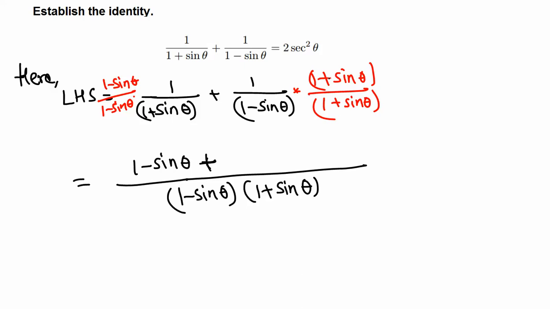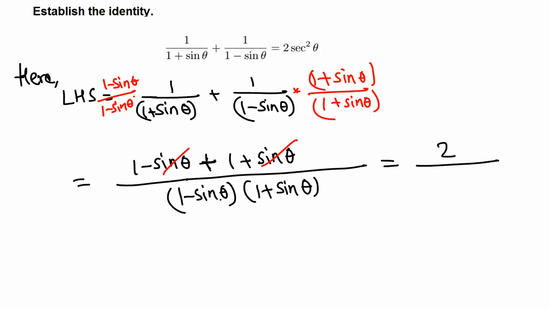So 1 times 1 plus sine theta is just 1 plus sine theta. And whenever we combine two fractions we simplify the top first, negative sign and plus sign cancel, and that leaves 1 plus 1, it's 2 on the top.